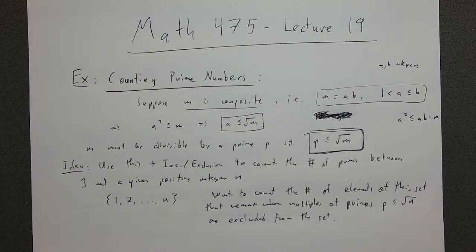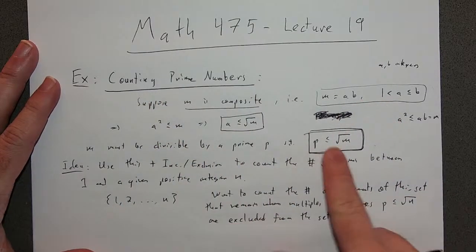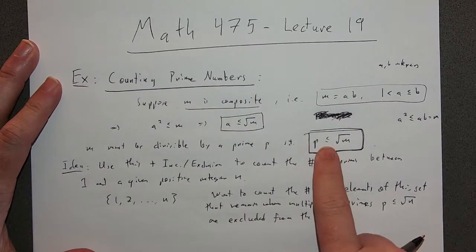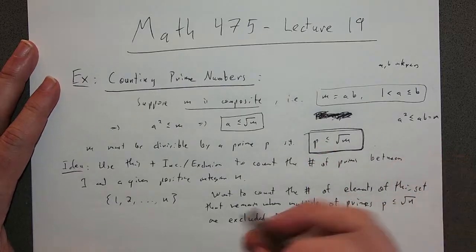Well, since any composite number, by this first fact, has some prime that divides it that satisfies this, excluding all these numbers removes all the composite numbers from the set.